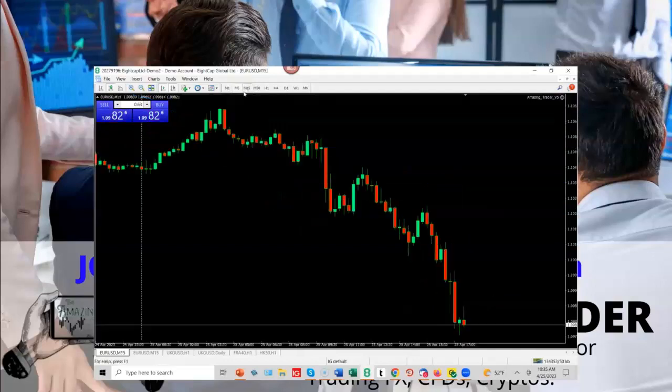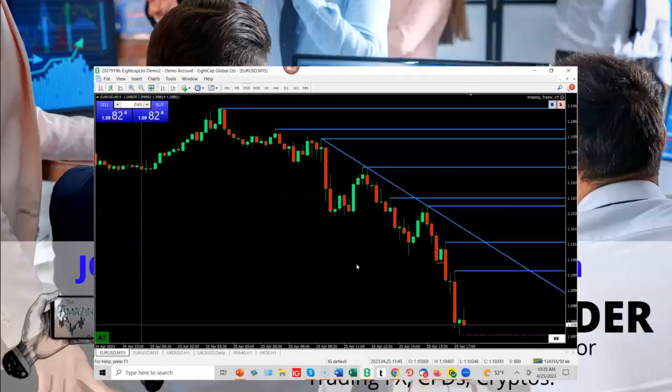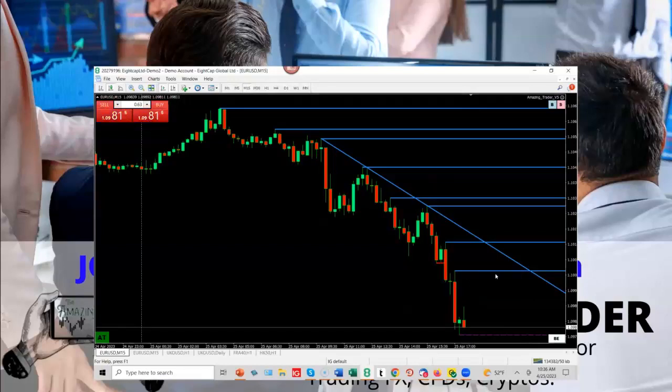And the 15-minute, which is really giving the best indication of a move. It's far away here, over 110 from breaking this preceding line.